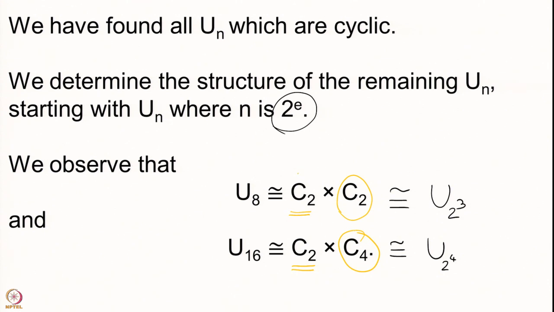So, C2 has order 2, and then the remaining one is C_n, where 2 times n is the correct number that we are looking at.